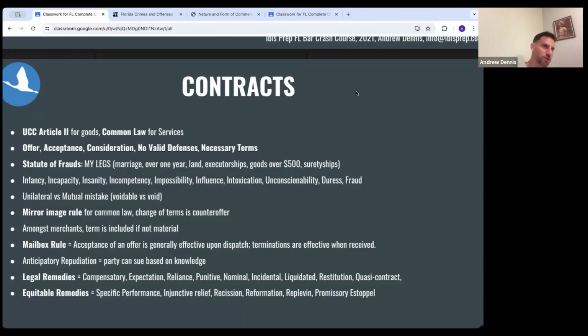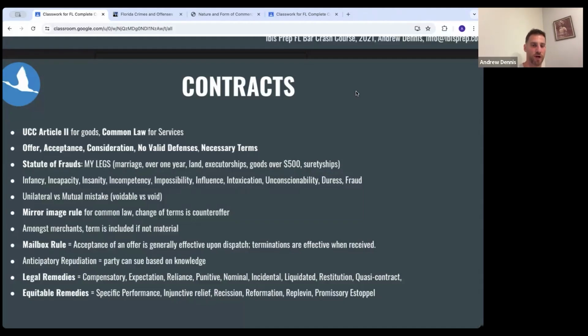There's also the mnemonic SWAP, which is exceptions to the statute of frauds: specially manufactured goods, written confirmatory memo, admission in court, promissory estoppel, and partial performance. For land, you actually need all three in Florida, which is improvement, possession, and payment.